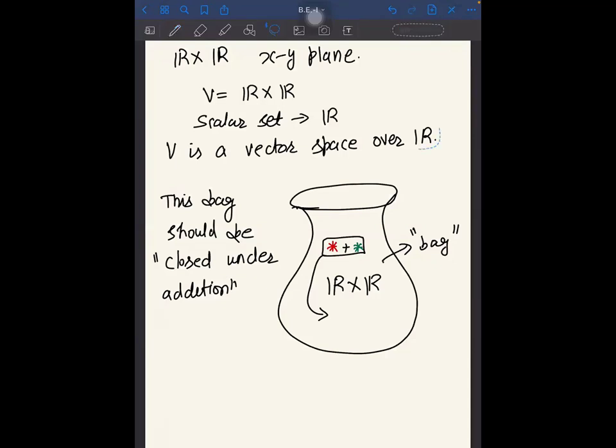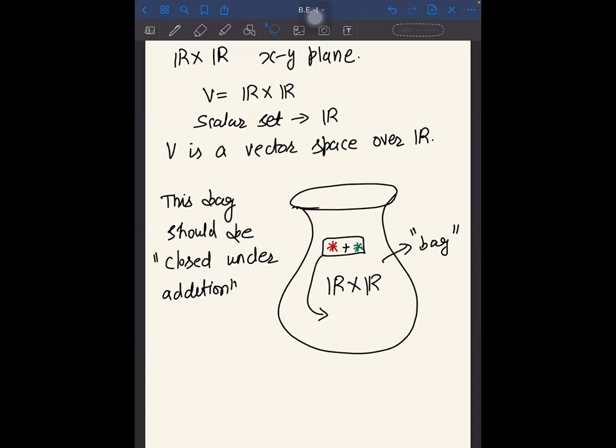Now tell me, if you take the set of natural numbers, you have two natural numbers, say 10 and 11, and you add them together, what do you get? 21. That 21 is again a natural number.